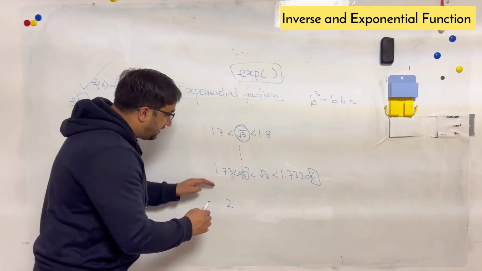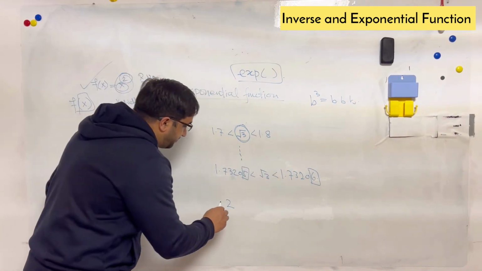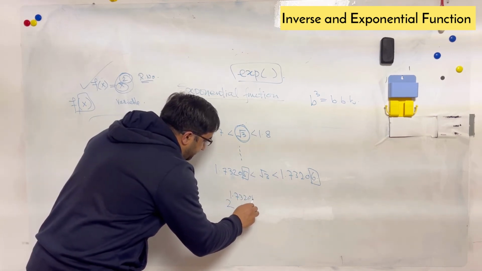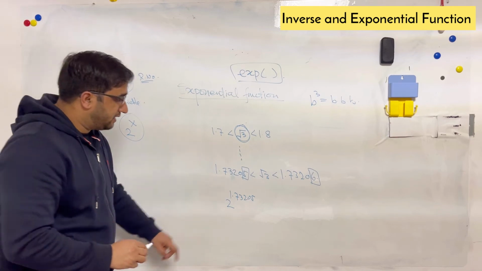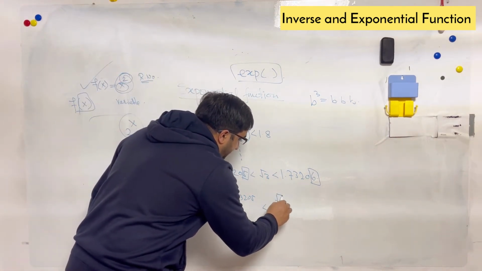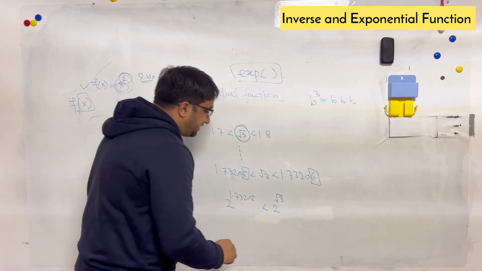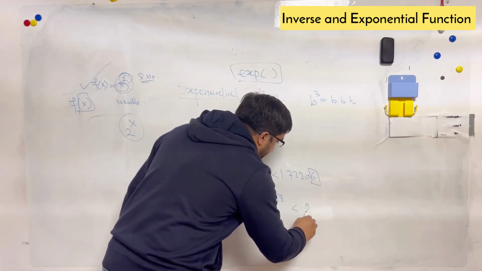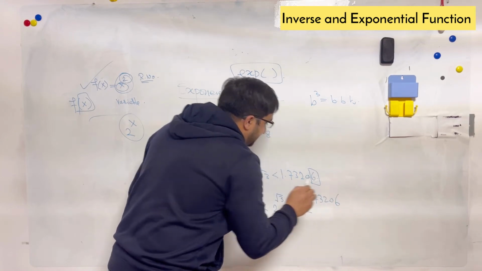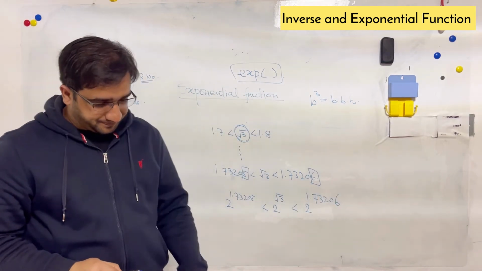So I'm taking all these as powers of 2. I'm taking 2 raised to the power 1.73205, and this is less than 2 raised to the power root 3, and this is less than 2 raised to the power 1.73206. Can I do this?